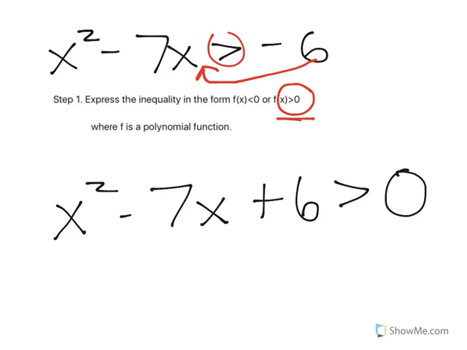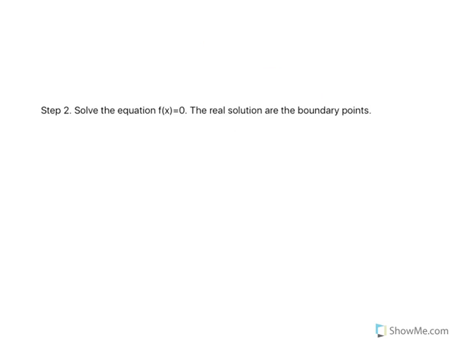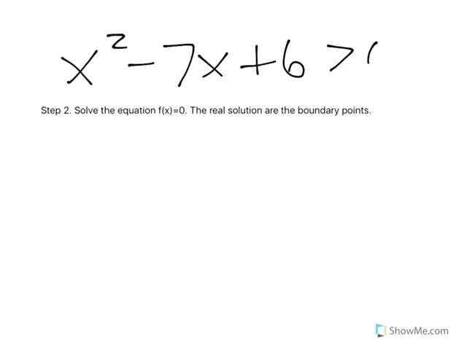So let's go to step number 2. Step number 2 says solve the equation f of x equals 0. The real solutions are the boundary points. So we have x squared minus 7x plus 6 equals 0. To solve this, we can't just set it equal to 0, but we can factor it.